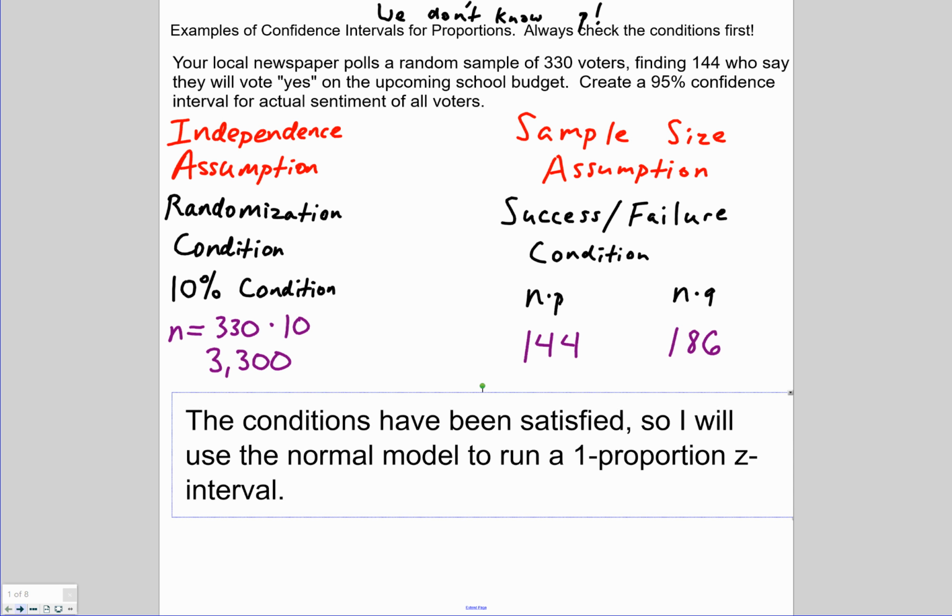First thing I like to do is write down the formula for the confidence interval. This is ripped straight from your notes. P hat, which is our statistic or estimate, plus or minus Z star times SE.